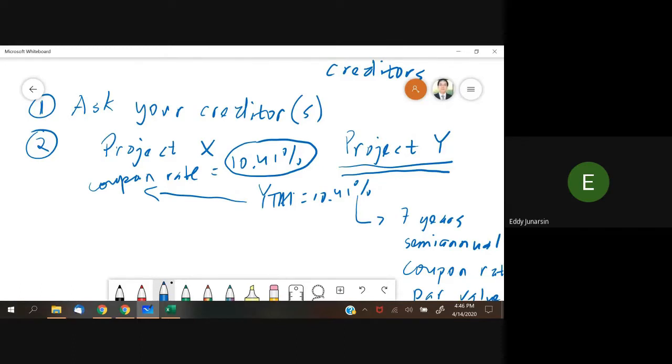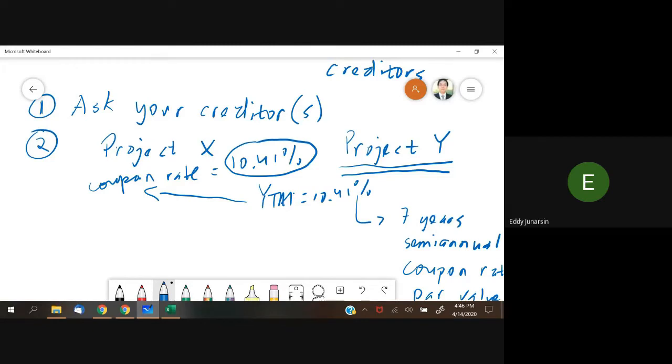Okay, so this is the second approach. We compare again with another company's project, and we try to estimate its yield to maturity.